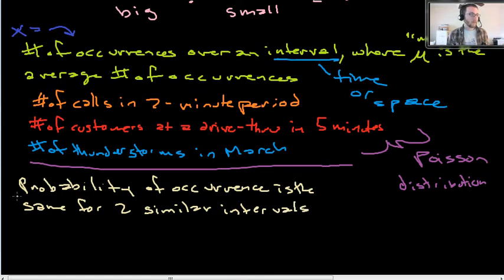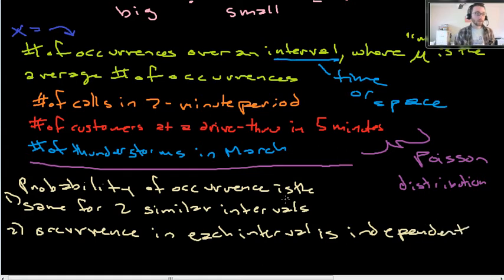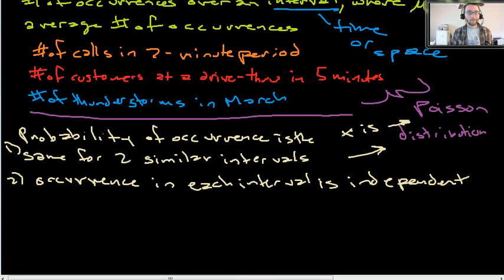So that's 1. 2. An occurrence in one interval, or in each interval, is independent. There we go. So if we have these two, then x has a Poisson distribution.